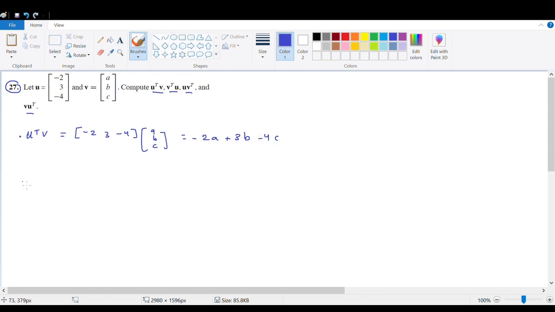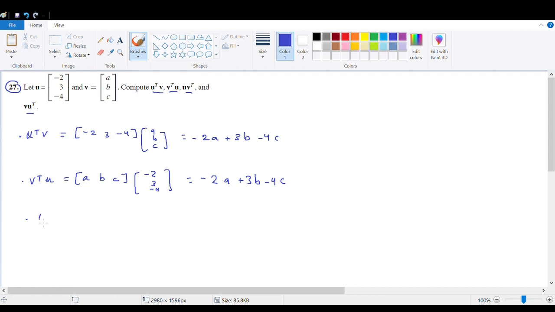Then the second one is v transpose u. That means we need to transpose vector v as a row, multiplied by u, which is -2, 3, -4. Taking the first row with the first column, we also get -2a plus 3b minus 4c.